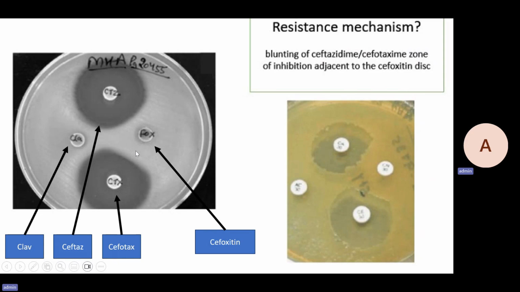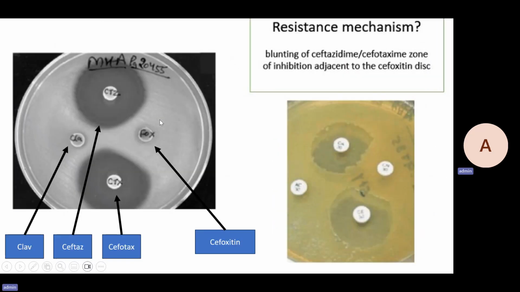So as a result, these bacteria are able to break down cefotaxime and it is producing a blunting of the zone. But there is no cefoxitin on this side, so these bacteria are not producing AmpC and are inhibited by cefotaxime. This is not ESBL, because if it were ESBL, then you would have found that this zone wouldn't have ended here. It would have been like this.